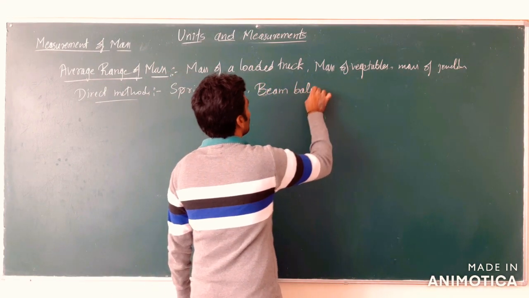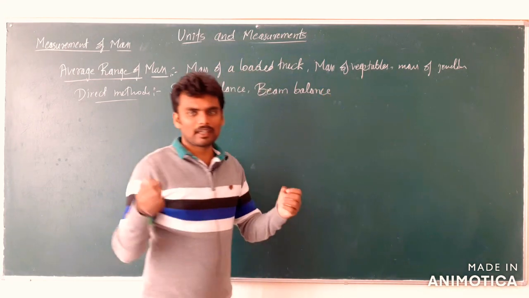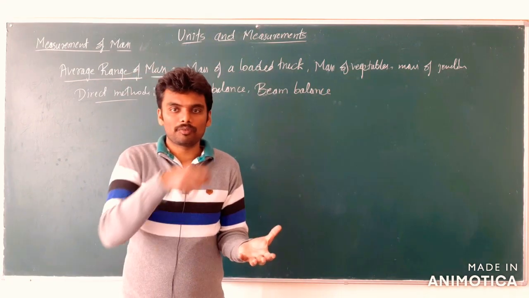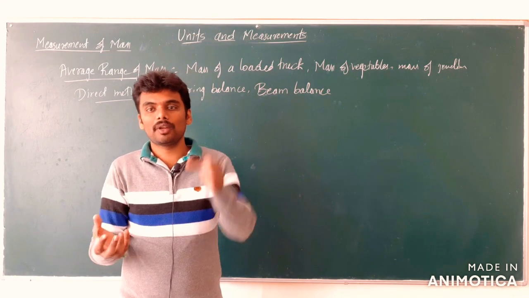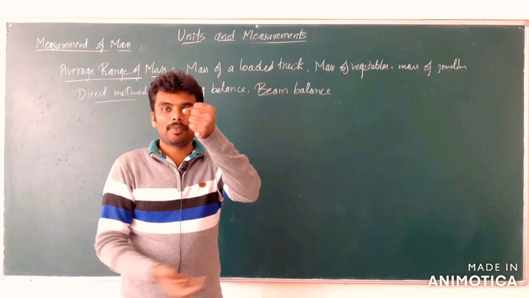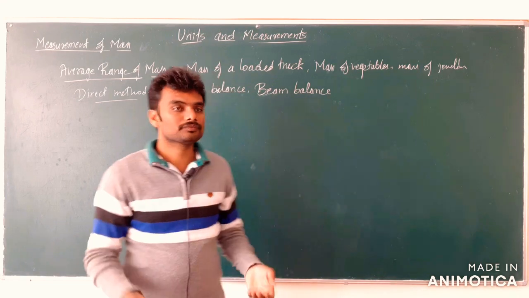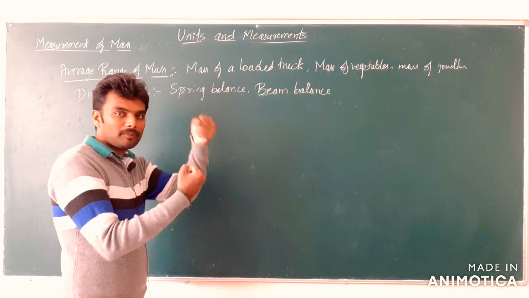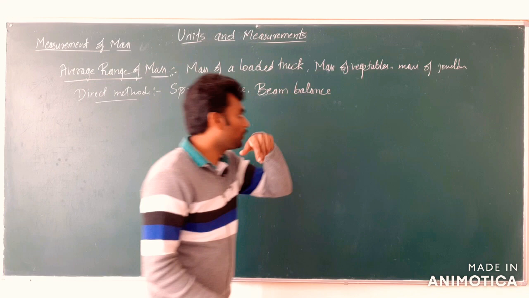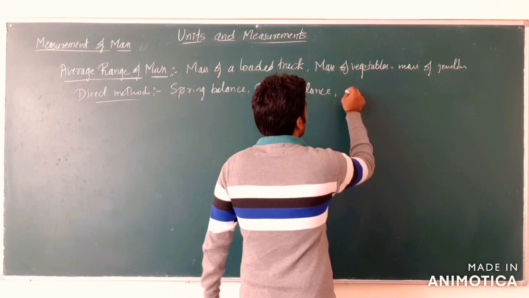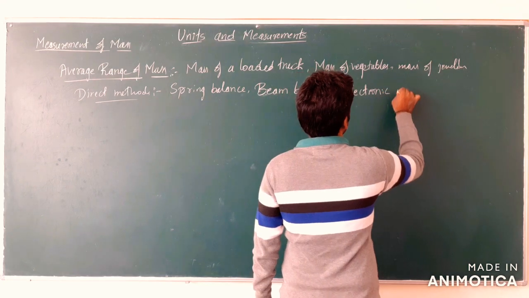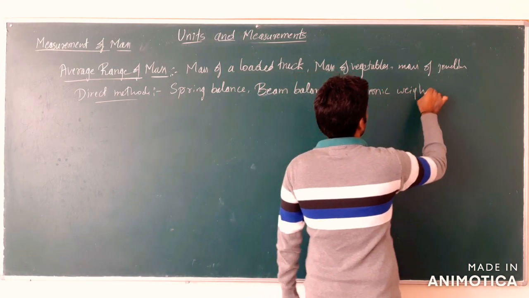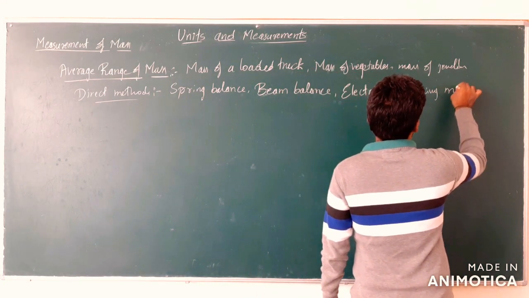Beam balance, the regular beam balance, we put weights on one pan and we put the object in the other pan and we measure. So that is beam balance. Spring balance will hold the spring and we load it. And we also make use of electronic weighing machines.